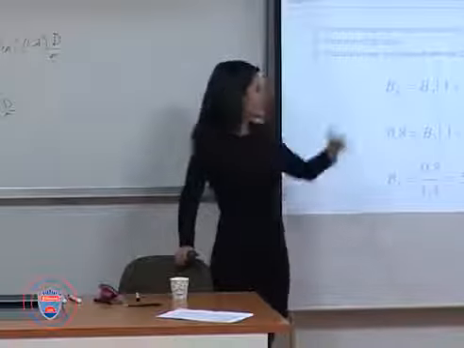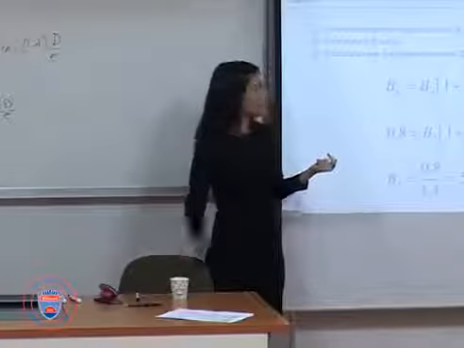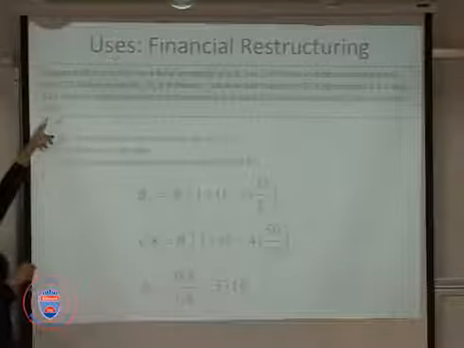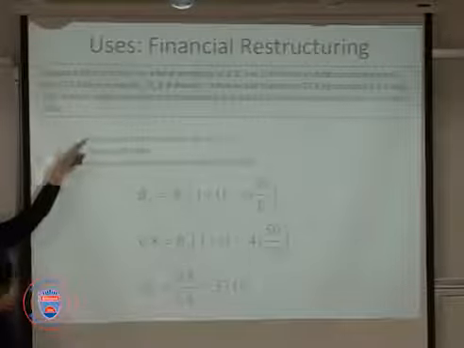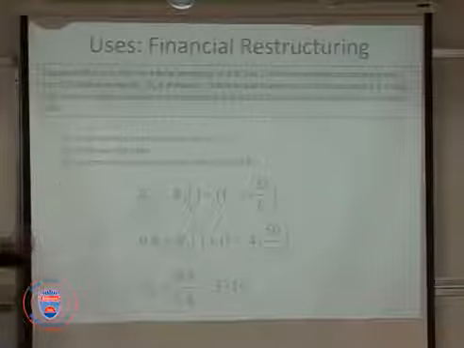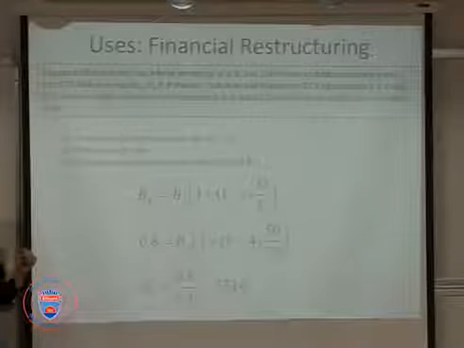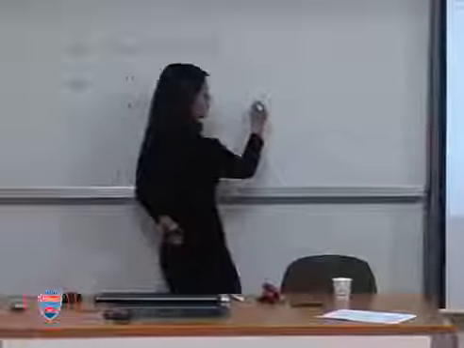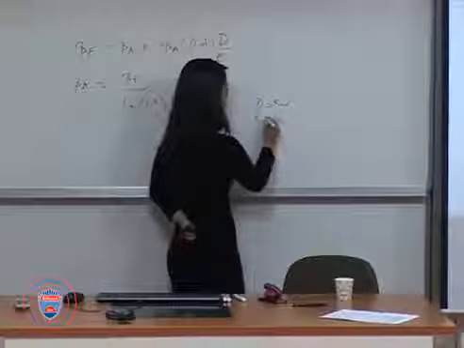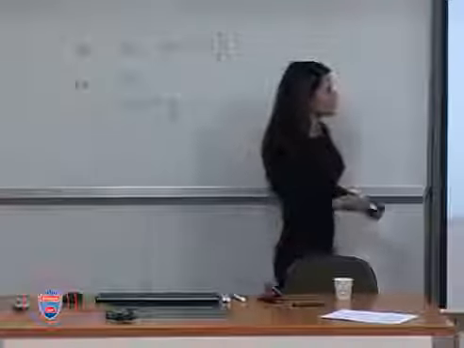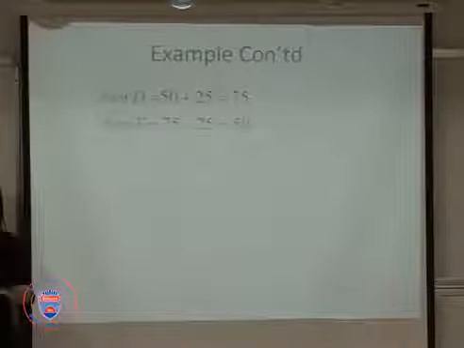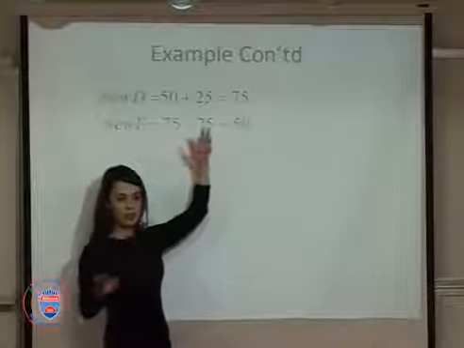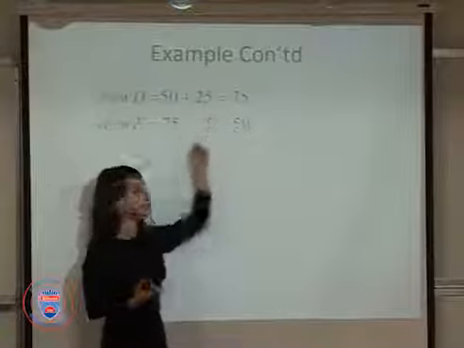Perfect. The second step, find the new debt to equity ratio. So this says what? It issues 25 billion in debt and uses the proceeds to buy back 25 billion of its stock. So originally, let's write the original levels. Originally, debt was 50, equity was 75. Now things are going to change. The company uses more debt, so it's adding 25 billion as new debt.